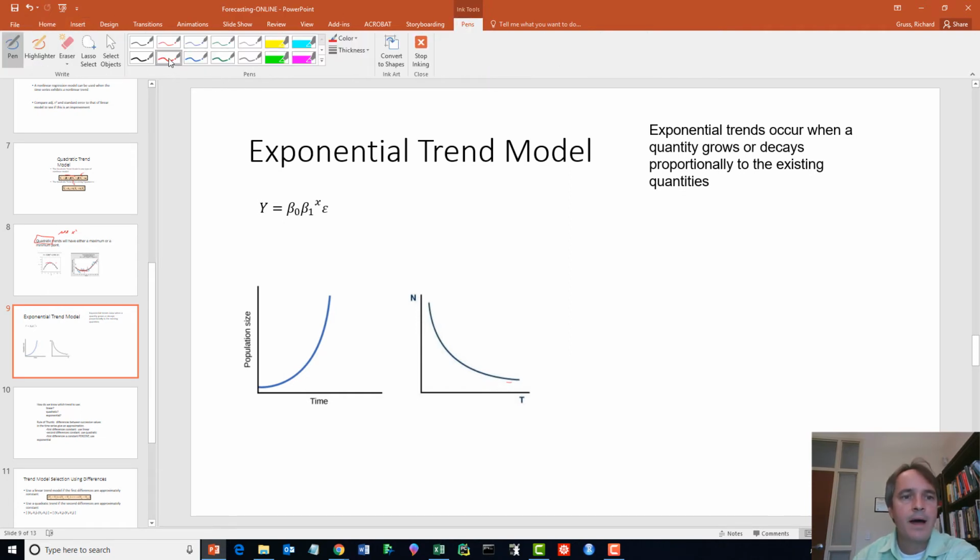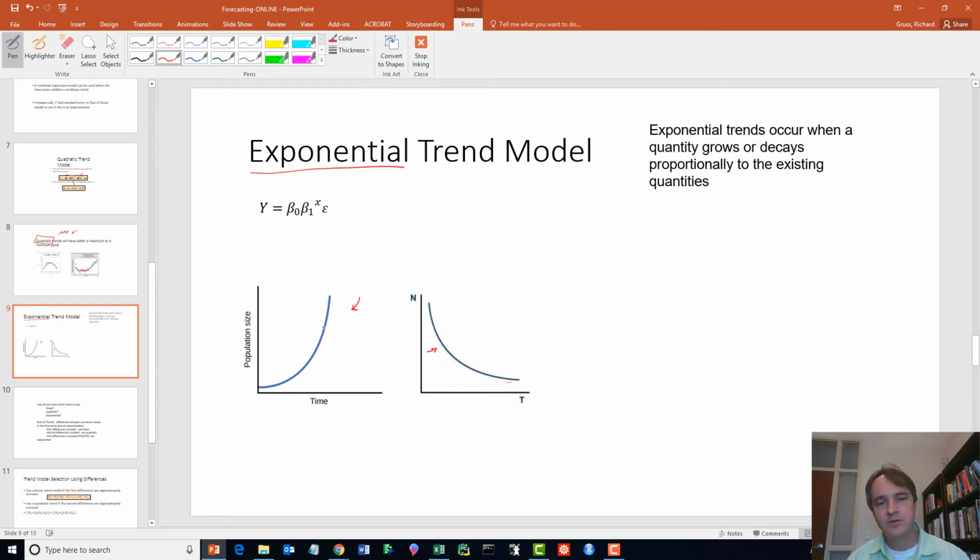Now, I'm not actually going to make you responsible for the exponential trend model, but I just want you to be aware that it is available and it does a good job of capturing and forecasting patterns like these.